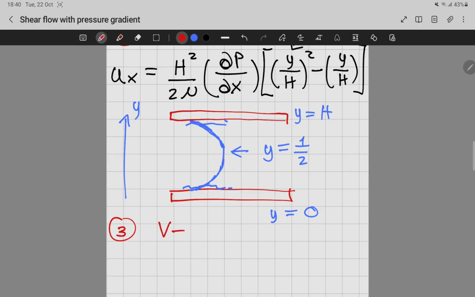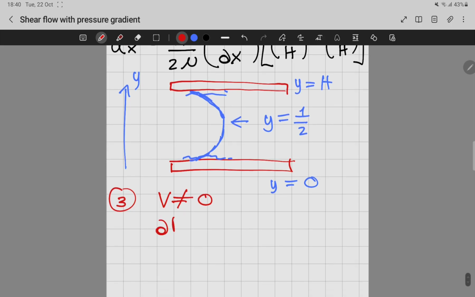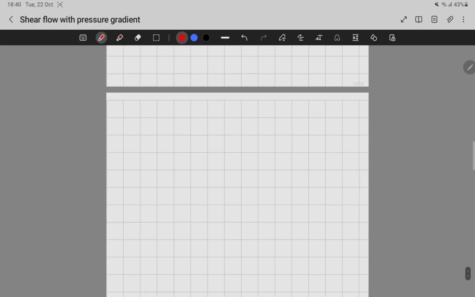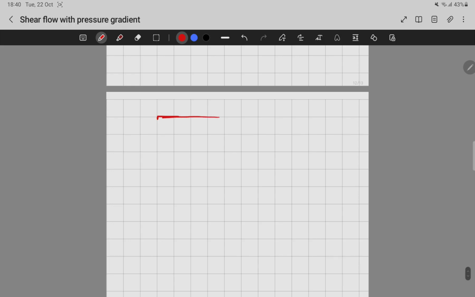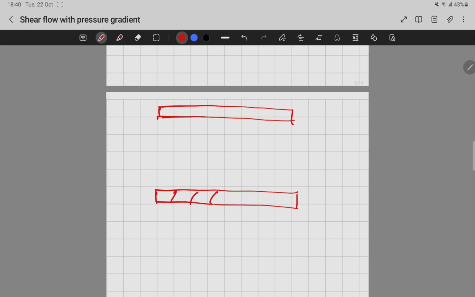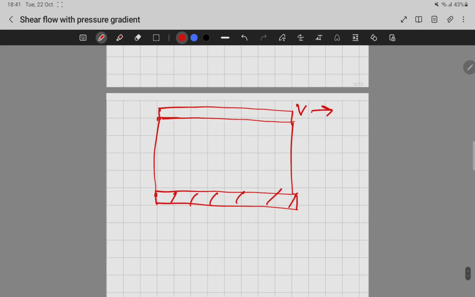So what happens when we have both contributions, when B is different than 0, and we have a constant pressure gradient? Remember the top plate is moving in the x direction.